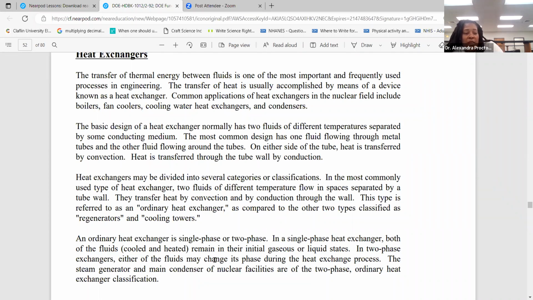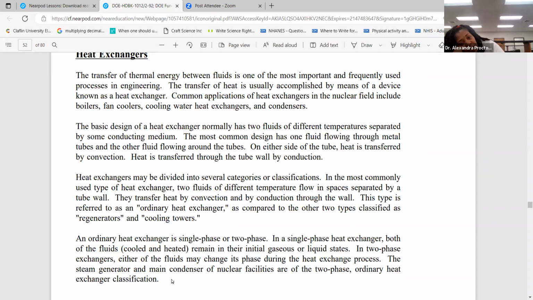And so the ordinary heat exchanger is single phase or two phase. In the single phase heat exchanger, both of the fluids are cooled and heated, so both of the fluids remain in their initial gaseous or liquid state. In a two-phase exchanger, either of the fluids changes phase during the heat exchange process.